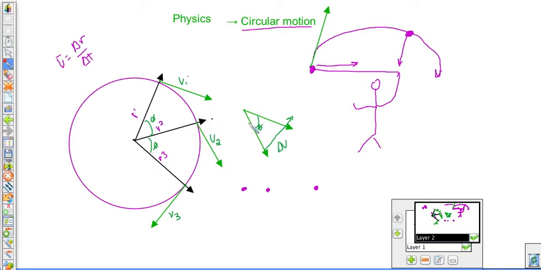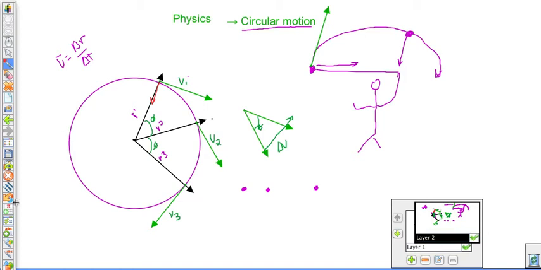That change in velocity, if you look at it right here, forms a right angle with this bottom part of that. Okay, so I'm going to draw that right there.